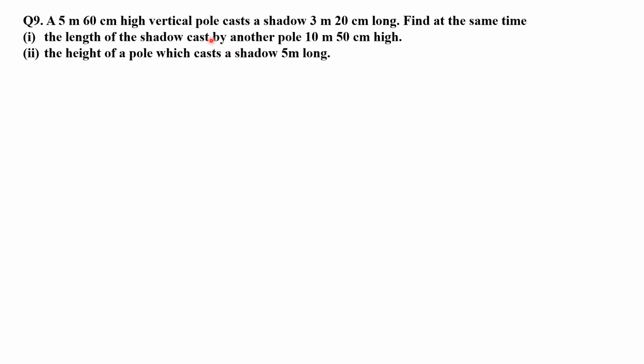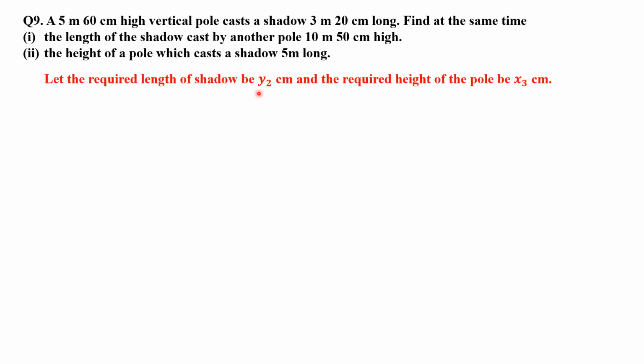So here there is a vertical pole which is 5 meter 60 centimeter, and the shadow of the vertical pole is 3 meter 20 centimeter long. Right, so here you have to find what will be the length of the shadow when the pole height is 10 meter 50 centimeter. So I'm going to assume that the length of the shadow be y2 centimeter in the first case, and in the second case the height of the pole be x3 centimeter.